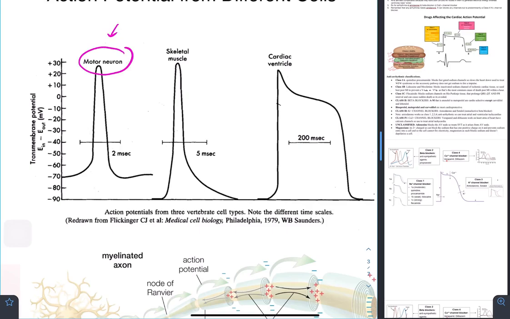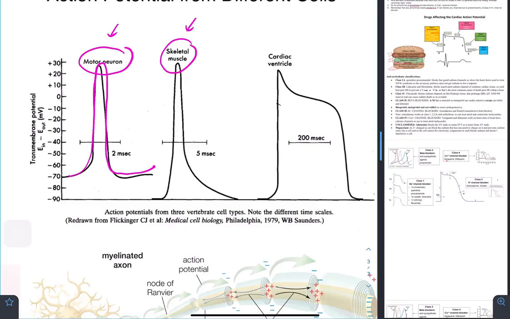It is quite simplistic. It has only one spike. Likewise, the same for skeletal muscles. They both have similar action potential graphs, although the transmissions and the membrane potentials are slightly different.